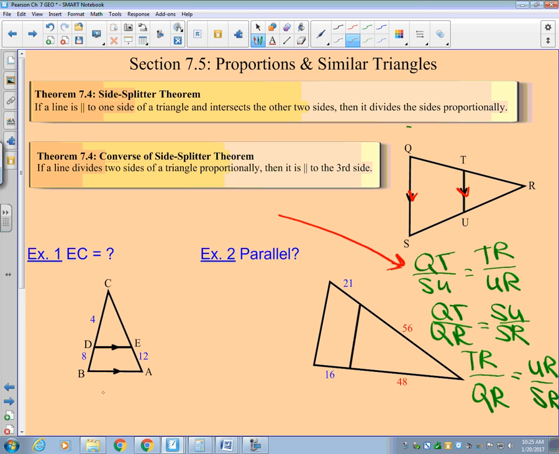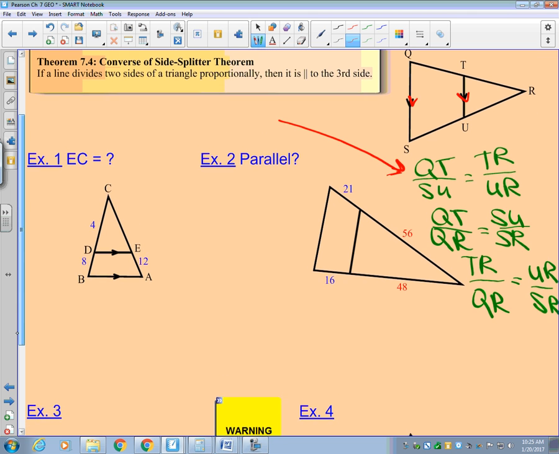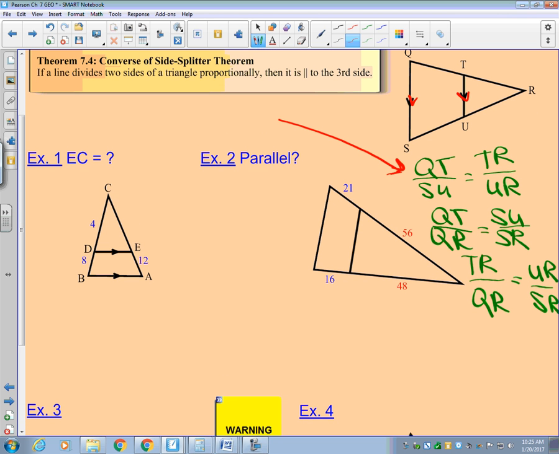So when we look at example 1, we want to find the distance EC. So I'm going to make that into an X. There are two different ways we can do this. We can do this using the entire side.